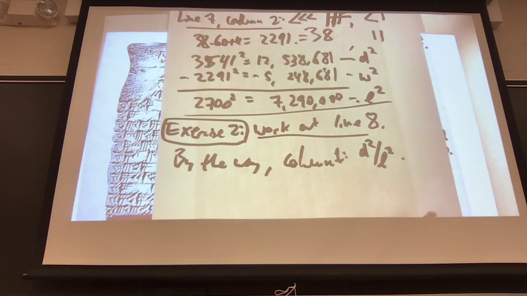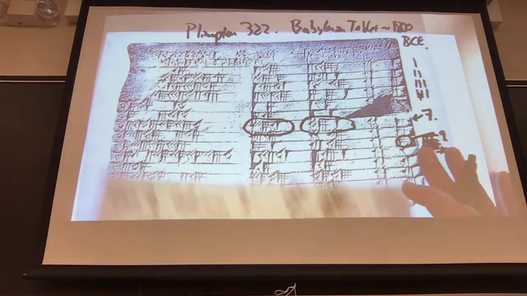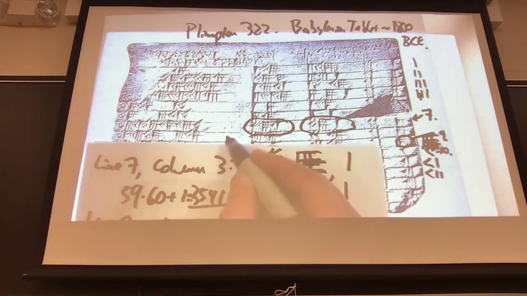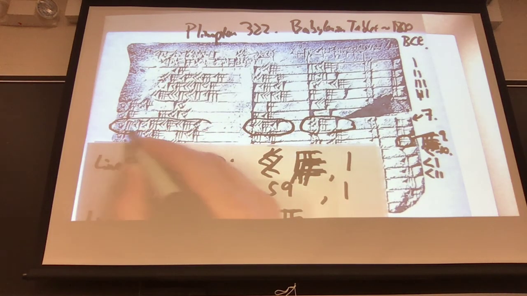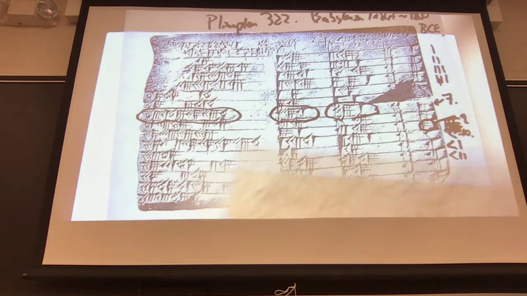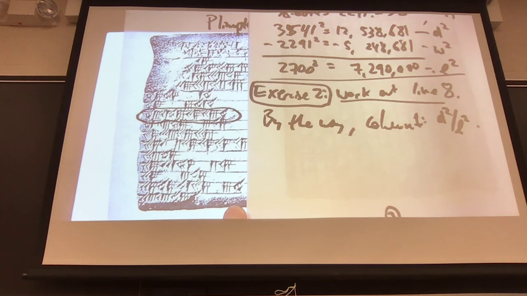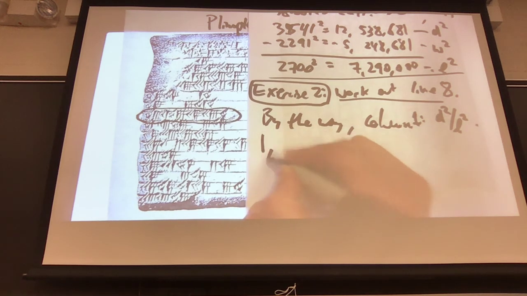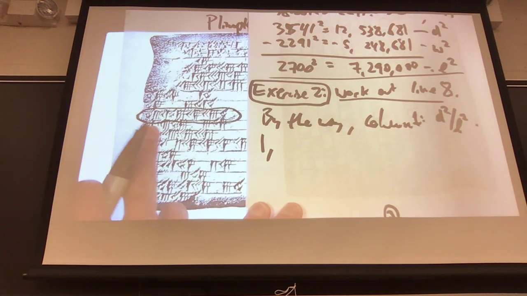So if you look at the beginning of column 1, there's a leading 1 that you can't see.